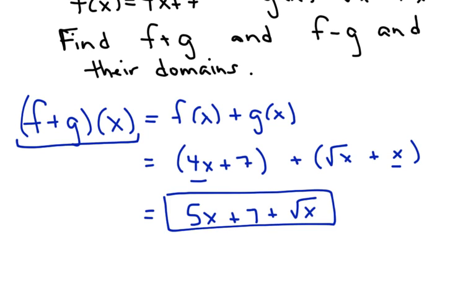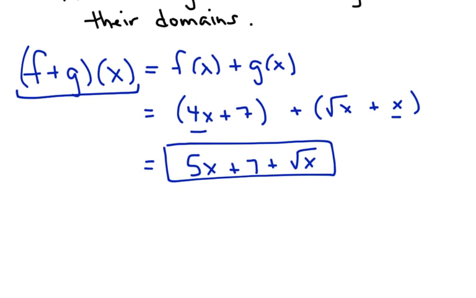Now let's talk about domain. Domain refers to what you could plug into an equation without getting an error message or making the equation undefined. Domain refers only to the input, or the x values. There are two things you need to watch out for where there are restrictions on the domain.